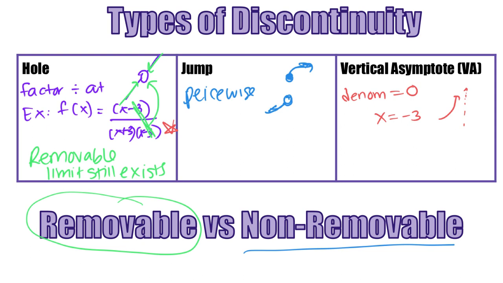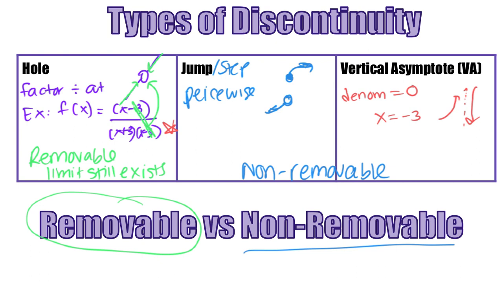And for a vertical asymptote, the limit is not going to exist because the function is going to be approaching infinity or possibly negative infinity. So both jump, also known as step, and vertical asymptotes are non-removable discontinuities because the two-sided limits do not exist.